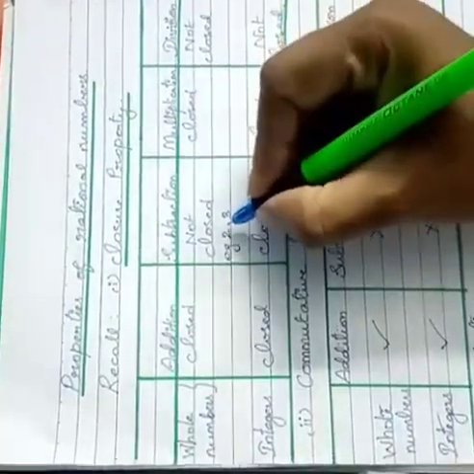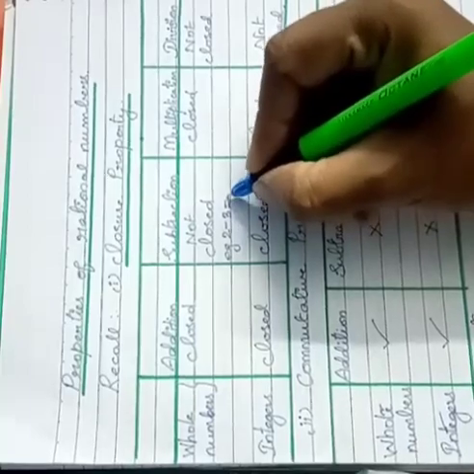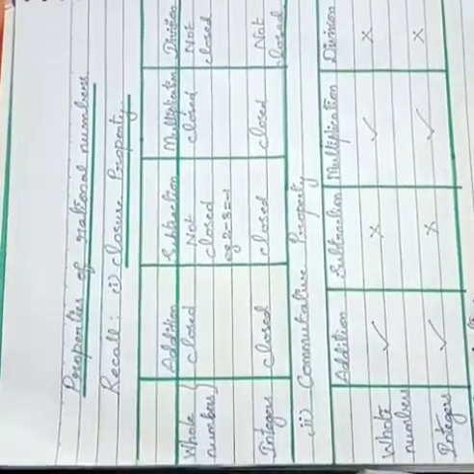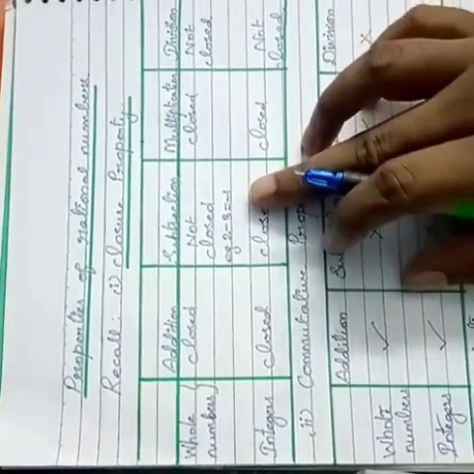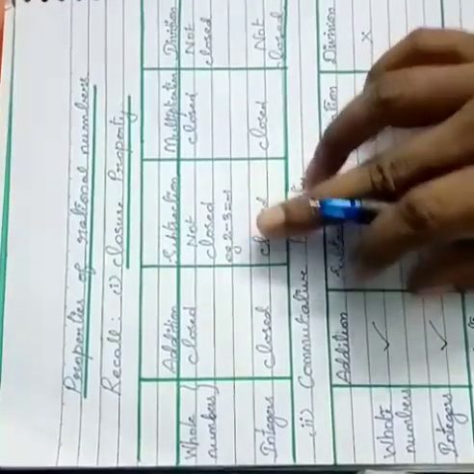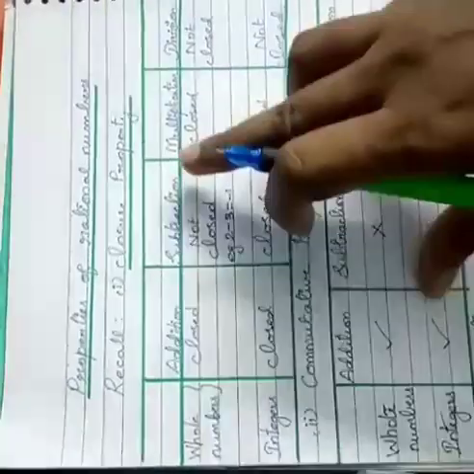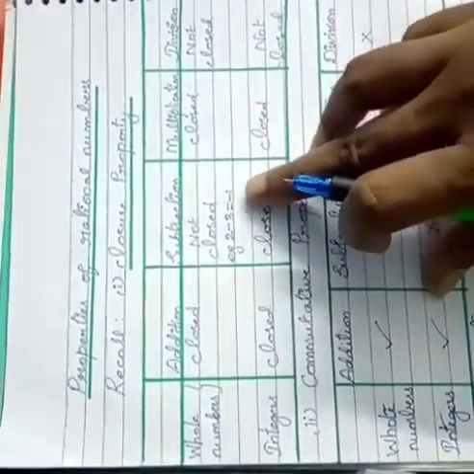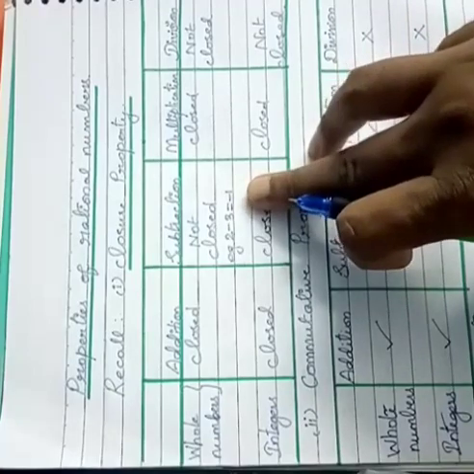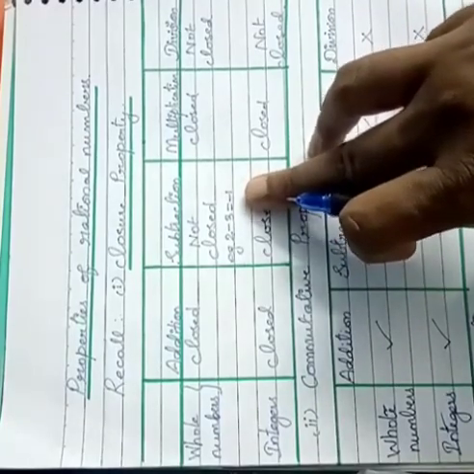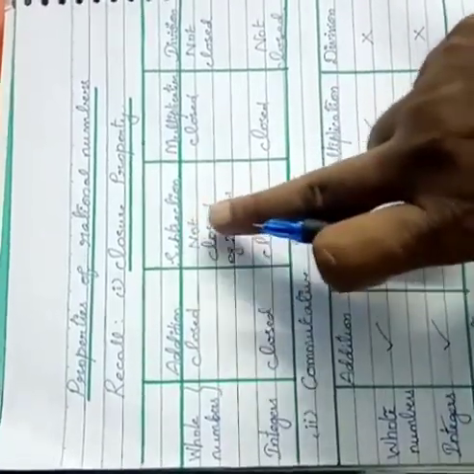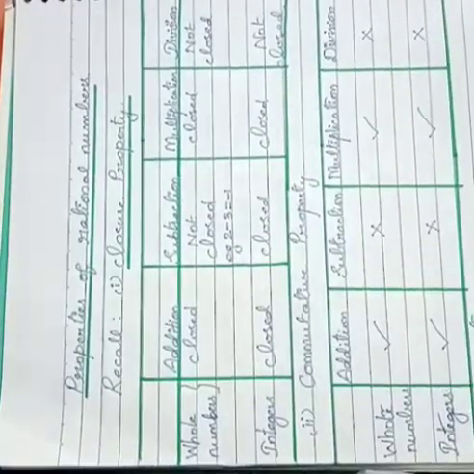Now subtraction of 2 minus 3 gives you minus 1. Minus 1 is not a whole number, so it does not belong to the set. So when two numbers you select from whole numbers, when you subtract, the resultant number does not belong to the whole numbers. So whole numbers is not closed under subtraction.